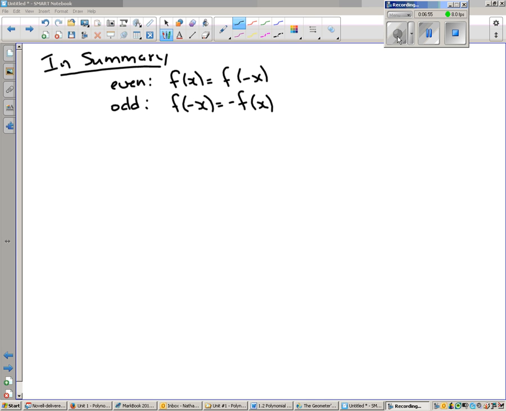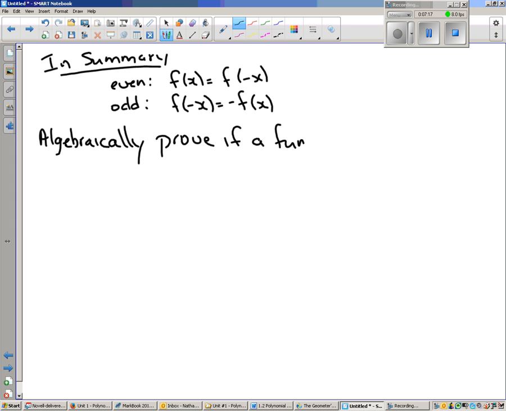So to summarize, we have a condition for a function to be even, and we also have a condition for it to be odd. What we'll do now is go over a couple of examples of how we can algebraically prove if a function is even or odd.